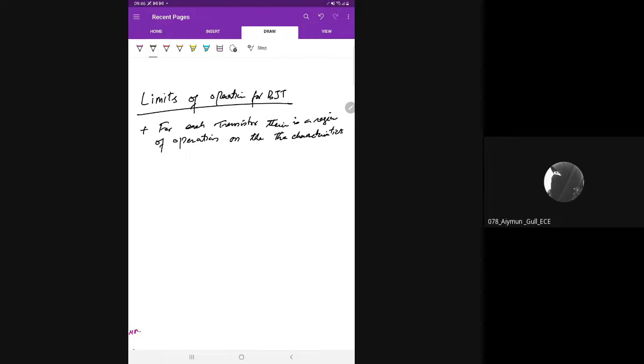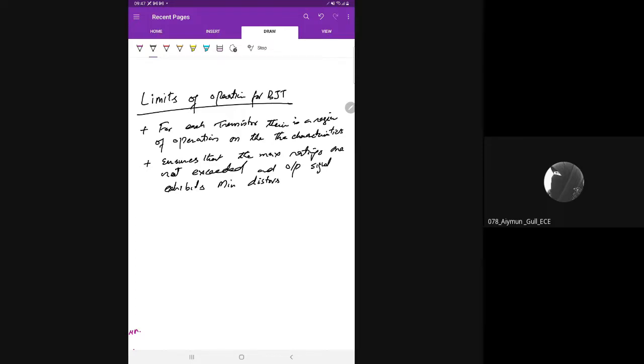So that region basically ensures that the maximum ratings are not exceeded, and the output signal exhibits minimum distortion.